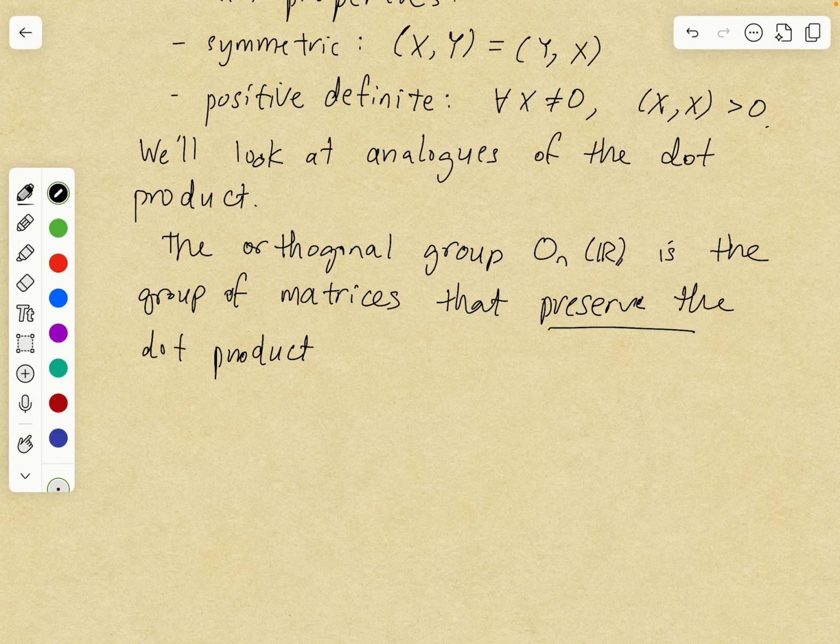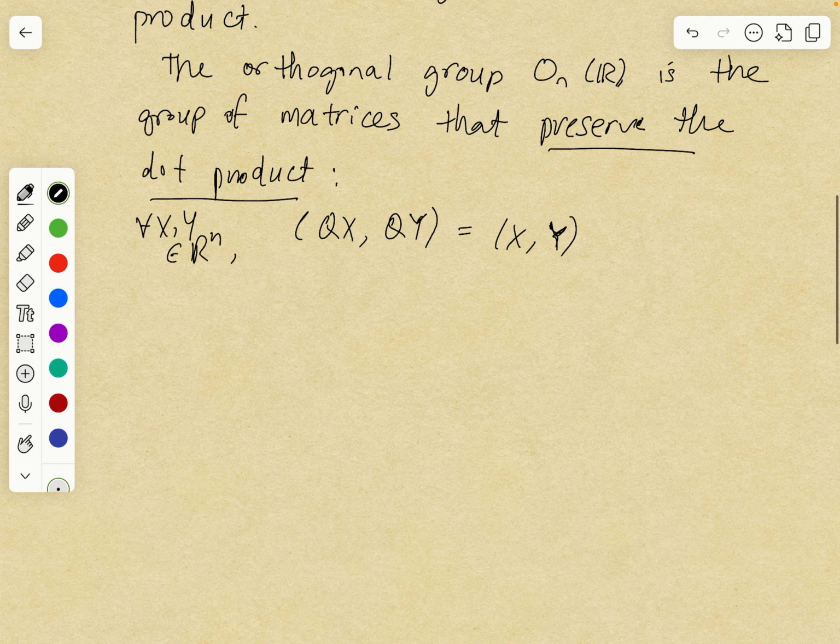Okay, what does it mean to preserve the dot product? It means that for all x and y in Rn, so it's the group of matrices Q that preserve the dot product. So if Q is in the orthogonal group, it means for all x and y in Rn, the dot product of Qx and Qy is equal to the dot product of x and y.